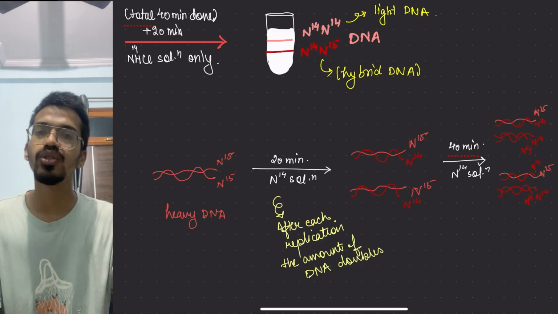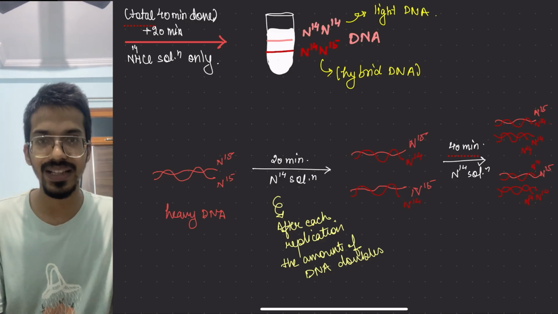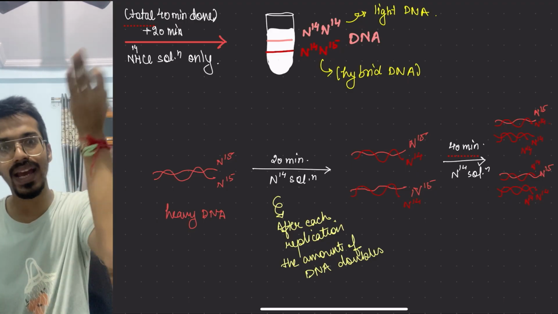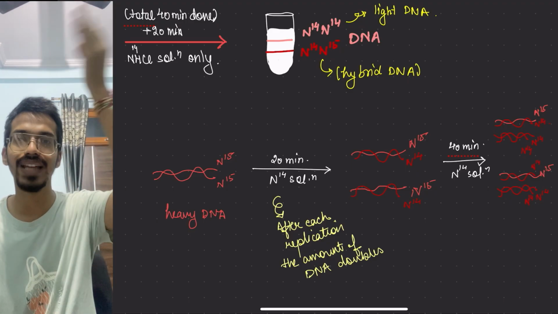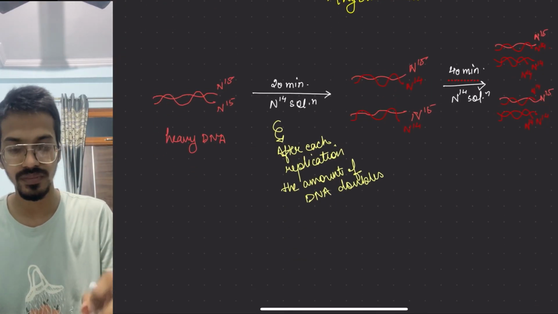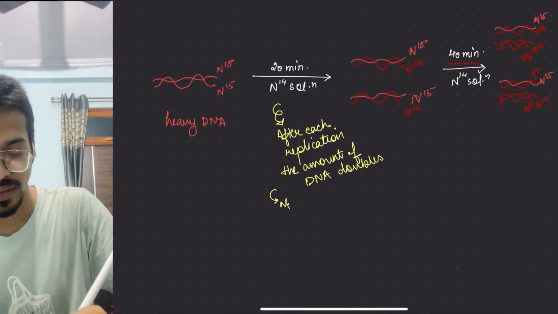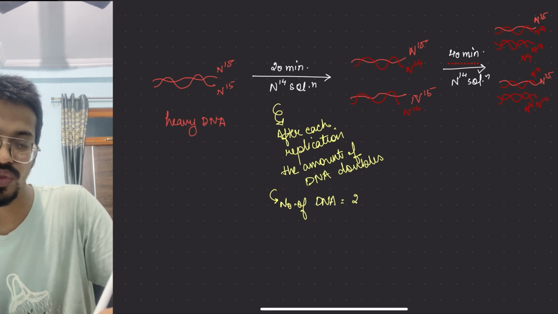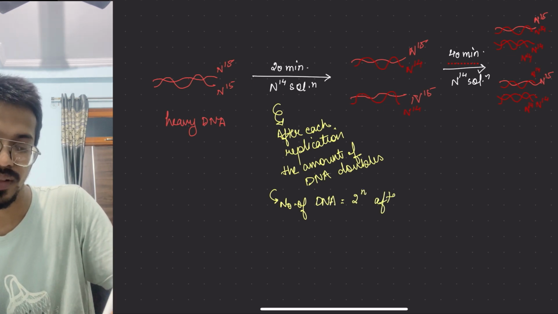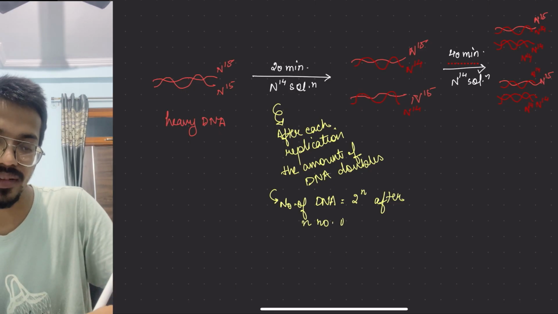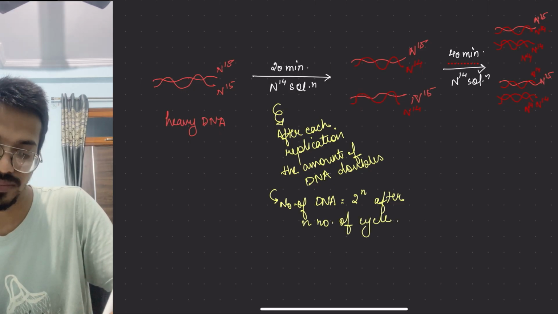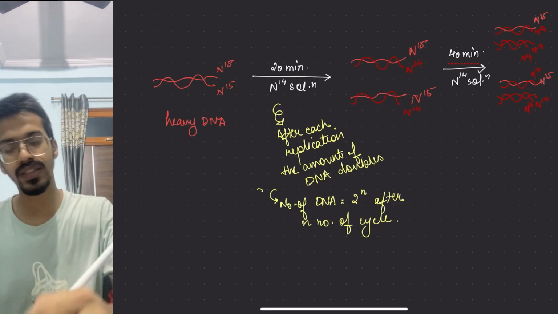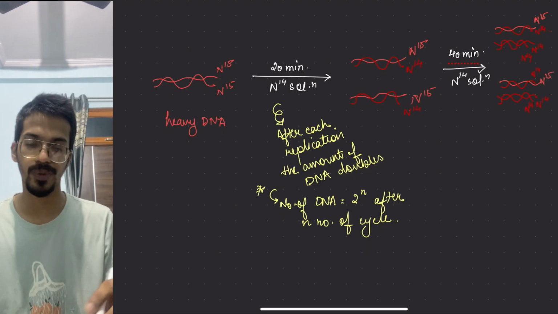If someone asks you what the amount of DNA increased is, that would be 2 raised to power n, where n is the number of cycles or times it has gone for replication. So the number of DNA is equal to 2 raised to power n after n number of cycles. Clear with this? We understood this. This will come up in biotech also.